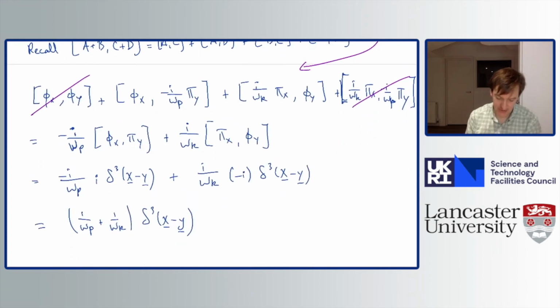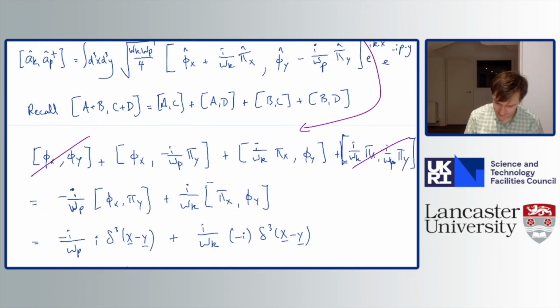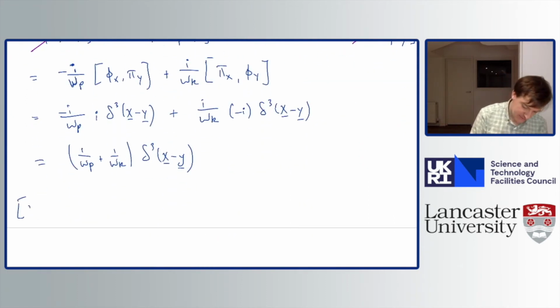So that is what this commutator bit simplifies to: something with a delta function, a 1 over omega p and a 1 over omega k. Let's rewrite the expression again so we have it on the screen.